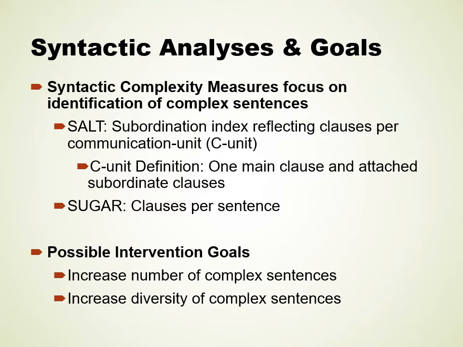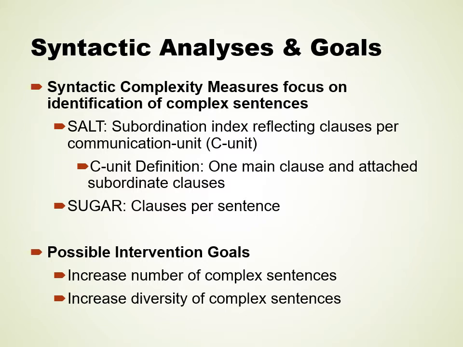Possible intervention goals, and these are goals, not objectives, would be to increase the number of complex sentences that a student is doing. And remember, from Module 1, we're more likely to see complex syntax in narrative, expository, and persuasive discourse. So if you're working on increasing complex syntax, you probably want to do it through narrative intervention or expository intervention.